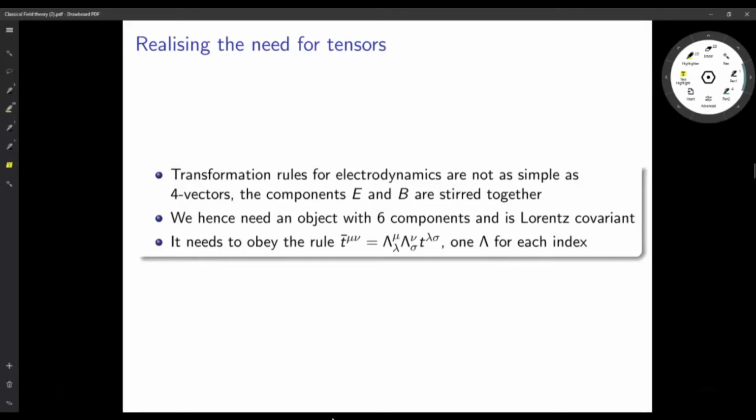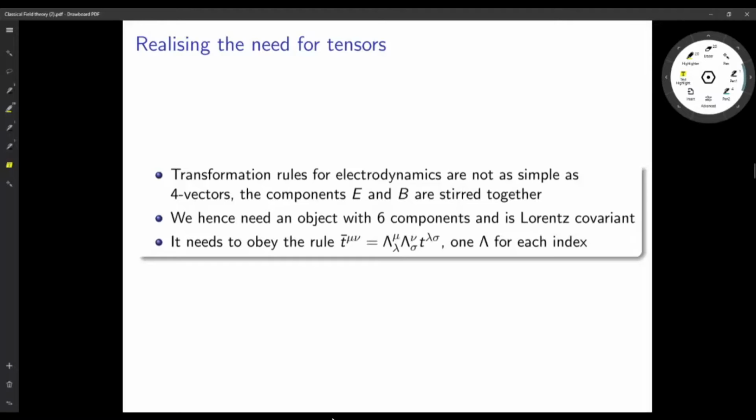So we can't just take a four vector, apply the Lorentz transformation and get on with life. What we need here is an object with 6 components that is Lorentz covariant. So that is the need for a different object rather than just your 4 vector.